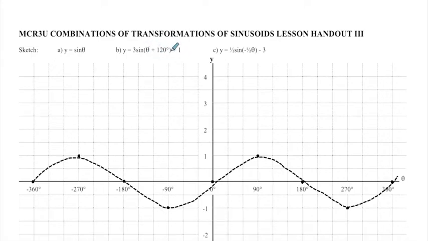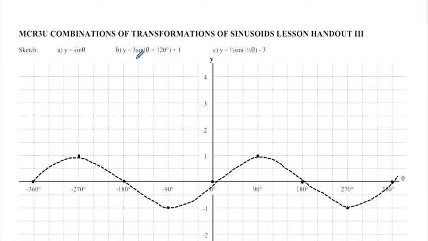That's not the case for B, but I want you to get in the habit of always looking for that, because that is a really common mistake. Also, look for any negative numbers in front of the A or the K to see whether or not there's going to be a reflection. And hopefully you'll remember that a reflection in either the y-axis or the x-axis will produce the same curve, so keep that in mind as well.